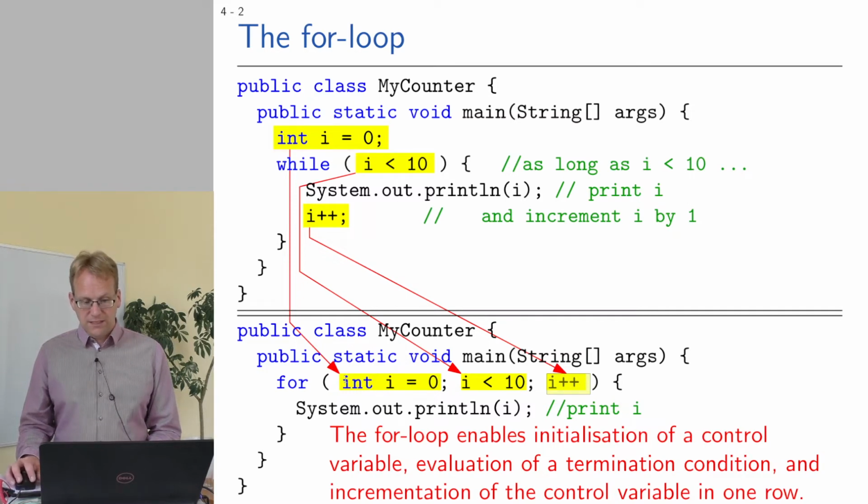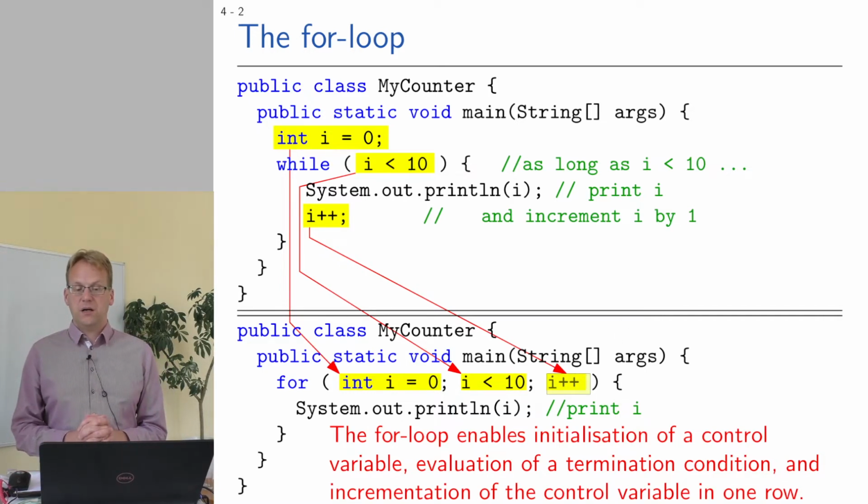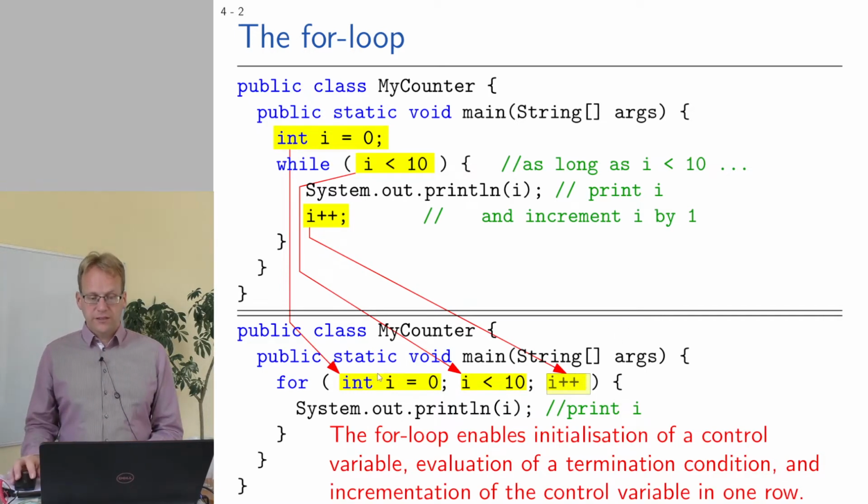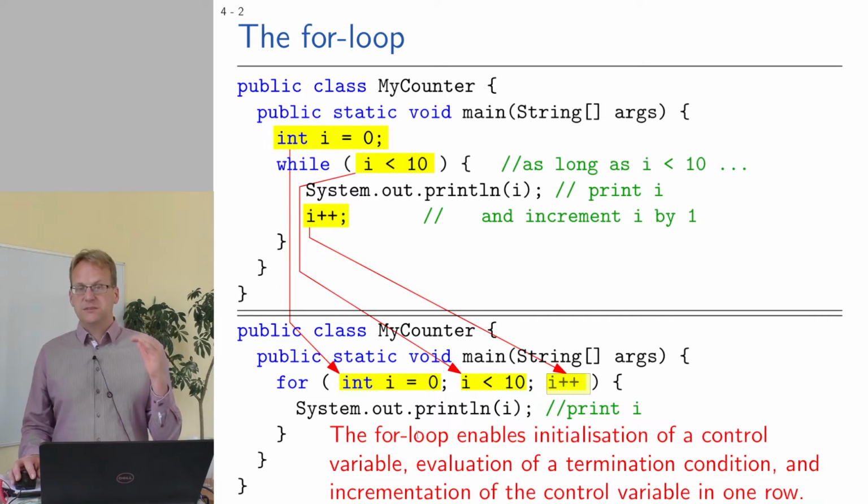So here we say for some integer variable I starting with value 0, then while this condition holds, and then after every iteration increment I by 1. And accordingly, with this example, executing the main method will again output these numbers 0 up to 9.